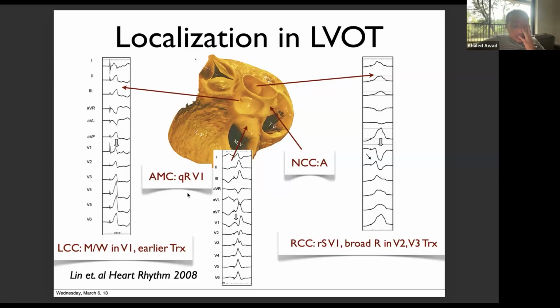The things that are very classic and not really disputable at all, for example, the QR pattern you would see in this area here between the aortic and the mitral valves. This is called the aortomitral continuity, this area right here. This area here would give you something that looks like this. It has a Q pattern in V1. And obviously it is on the mitral valve.